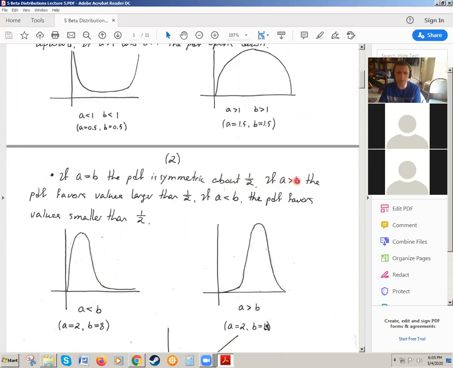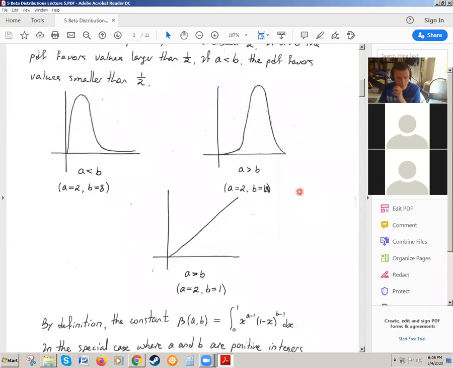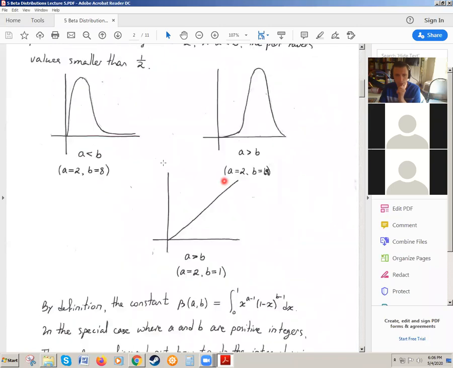If a is bigger than b, the density will favor larger values, and if a is smaller than b, it will favor smaller values. So that's just the shape of the distribution, not so important for the purposes that we will talk about, but the idea is, in essence, you can mold the curve to be pretty much anything over the interval 0, 1.